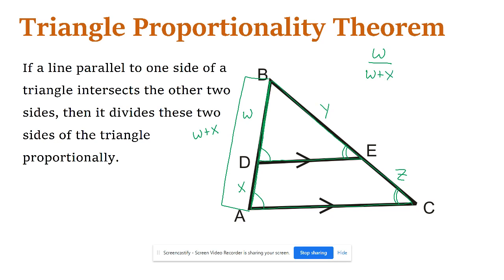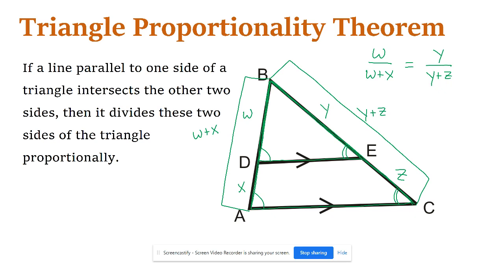For my second fraction, I'm going to take the side of the little triangle, which would be Y. And then I want the side of the big triangle, which is Y and Z together. So it's Y plus Z. And then as always, these two fractions are equal to each other because they're proportional.